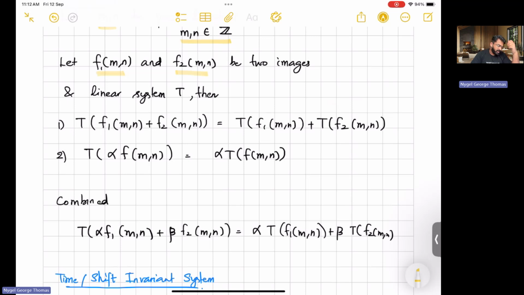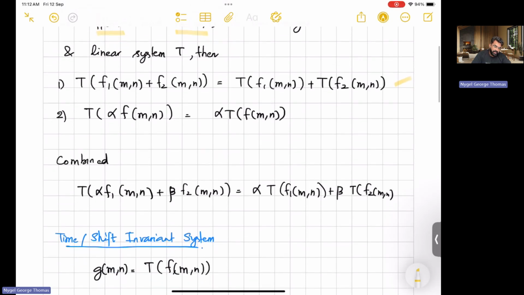Images are also signals, so the output for the sum of images is the sum of the individual outputs: T of f1 of m,n plus T of f2 of m,n. This is one property which has to hold.